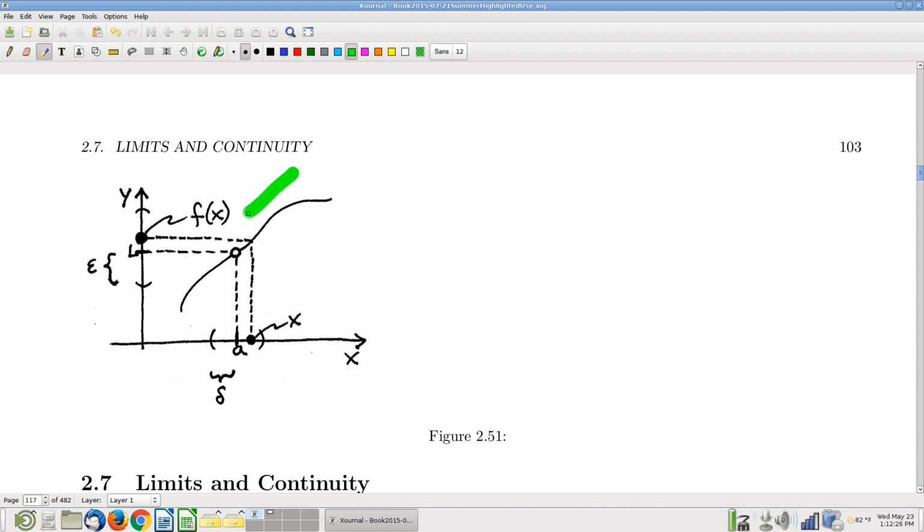All this stuff in here is just a visual aid to help us get geometric satisfaction of what it means to require that these values of x give rise to f of x's that do a certain thing over here. I don't really need to have drawn this. I drew this in the graph context because it'd be familiar, gives you some sort of geometric satisfaction. It's not really necessary to draw that picture in writing down this definition.